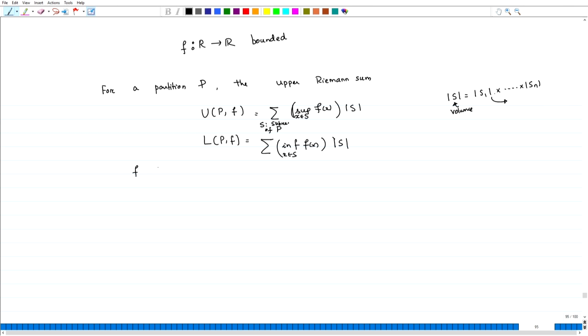Now, we say that f is Riemann integrable if for any epsilon there exists a partition P such that U_P f minus L_P f is less than epsilon.